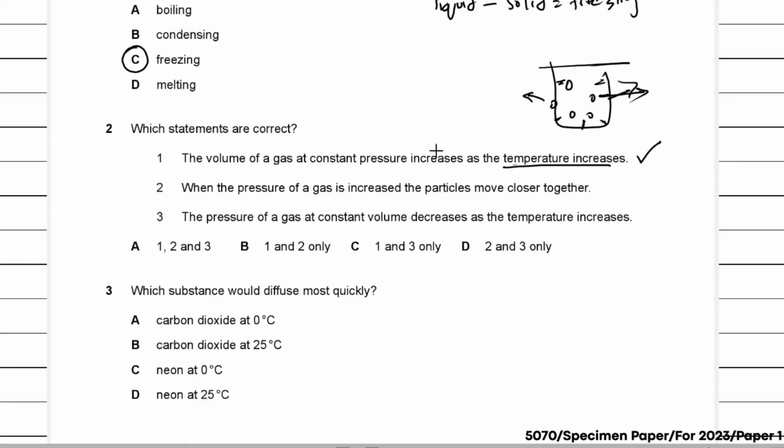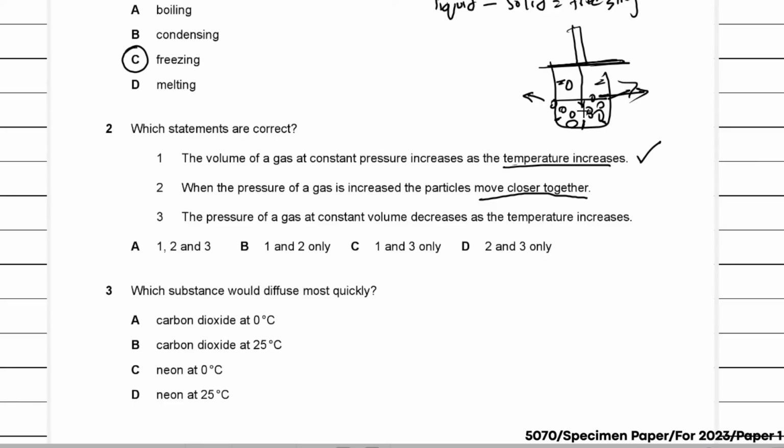Moving on, statement 2: when pressure of a gas is increased, the particles move close together. So if you go ahead and plunge this lid and you press down, the particles are going to be squished more packed. So the particles are going to become more packed inside this.